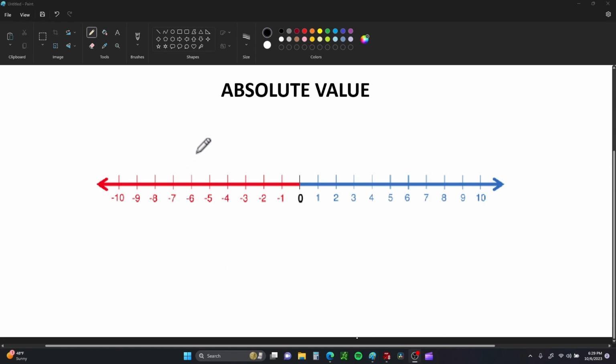So if I have two numbers on the number line, let's say I'm at -5, and I want to know how far away it is from 3. They're on opposite sides of zero. Well, -5 is going to be 5 spaces to get to zero, and then it's going to be another 3 spaces to get to 3. But the way that we write this in absolute value is the absolute value of -5 plus the absolute value of 3.